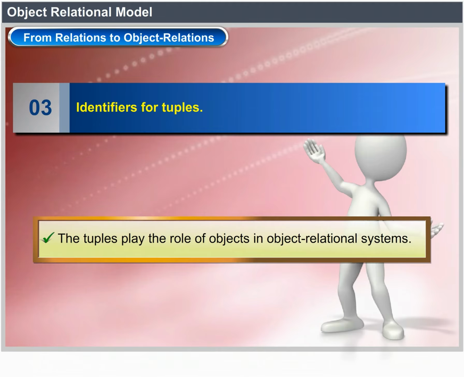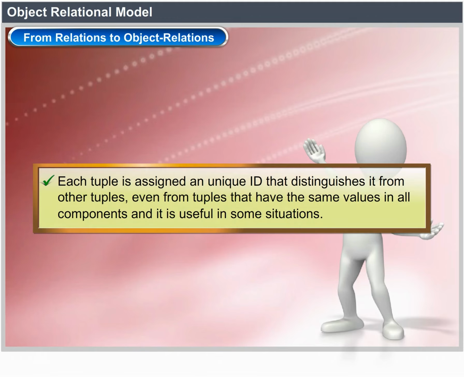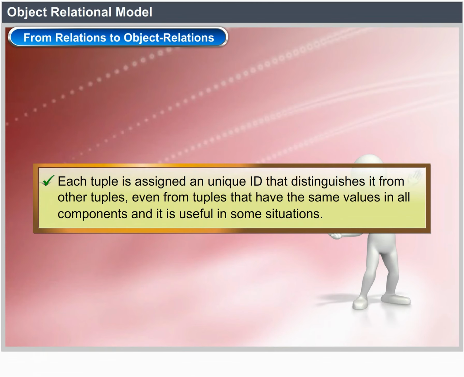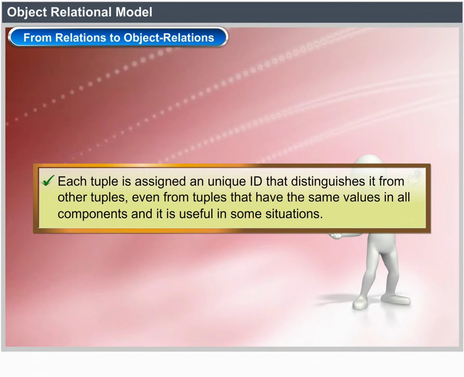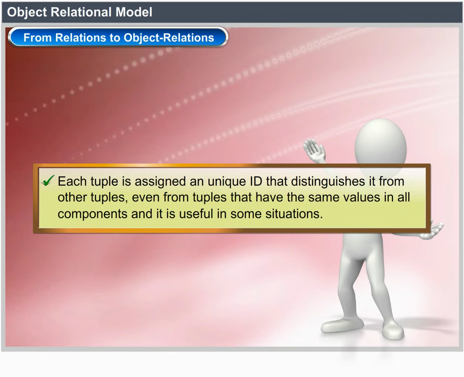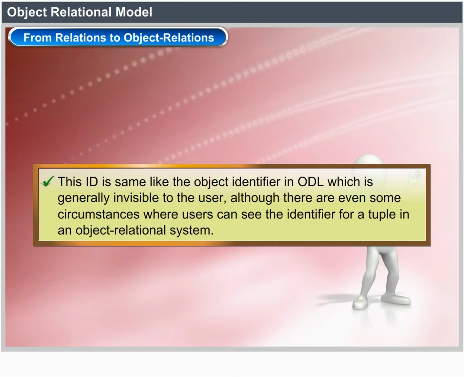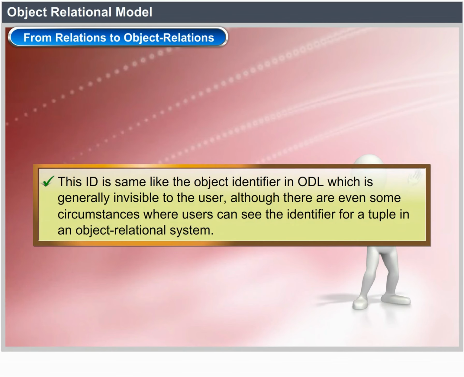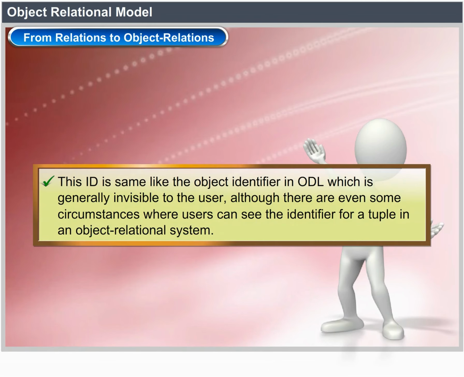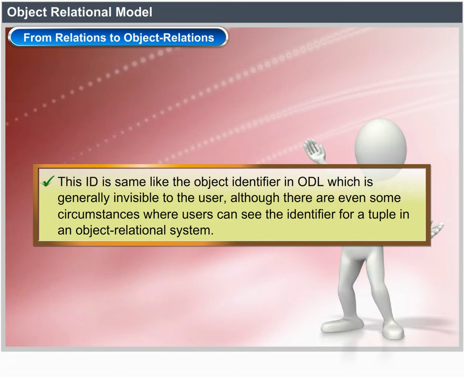It therefore becomes useful in some situations for each tuple to have a unique ID that distinguishes it from other tuples, even from tuples that have the same values in all components. This ID, like the object identifier assumed in ODL, is generally invisible to the user, although there are even some circumstances where users can see the identifier for a tuple in an object relational system.